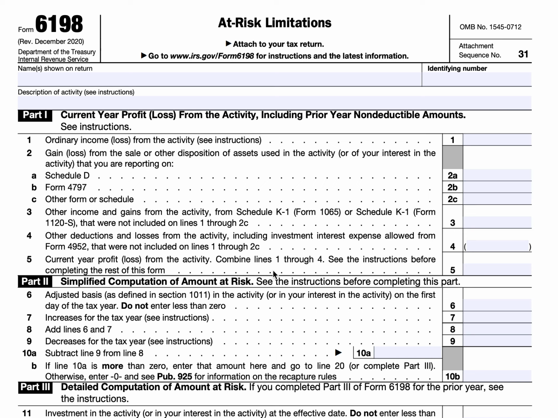Now in the form instructions, the IRS defines at-risk limitations as rules that apply to losses from the following activities that are entered into for the purpose of producing income. 1, holding, producing, or distributing motion picture films or videotapes. 2, farming, as described in Internal Revenue Code 464E. 3, leasing any Section 1245 property, as defined in Section 1245A3. 4, exploring for or exploiting oil and gas resources. 5, exploring for or exploiting geothermal deposits.